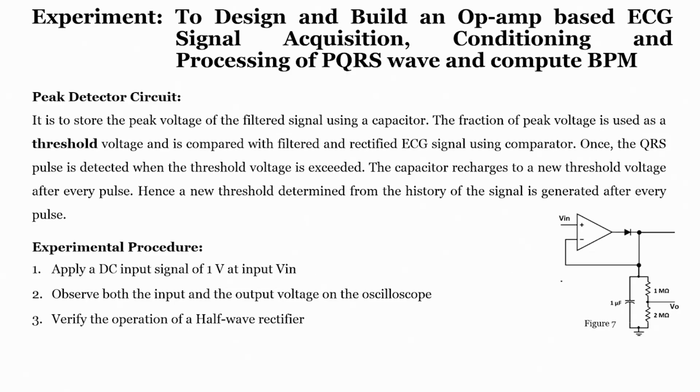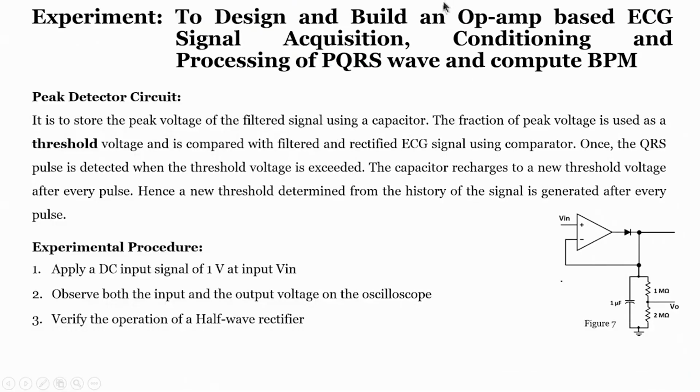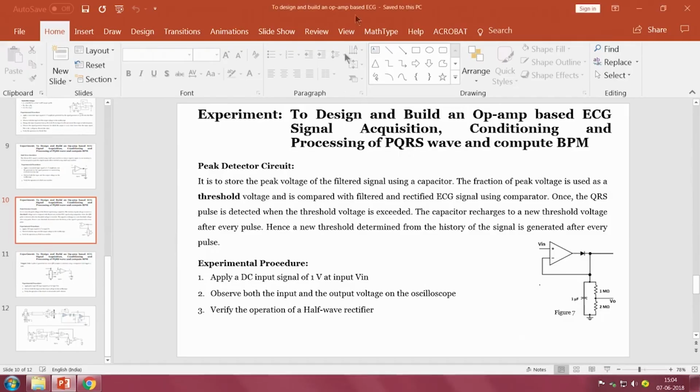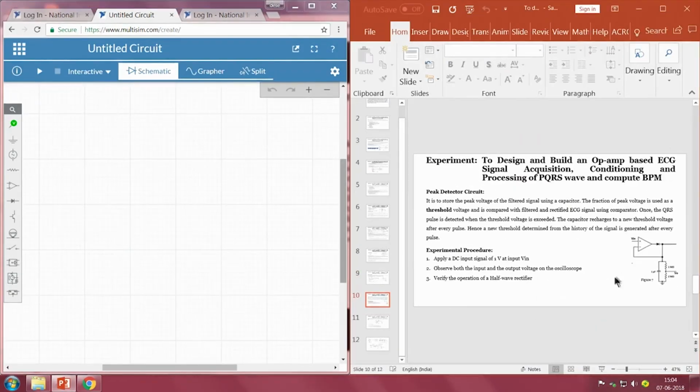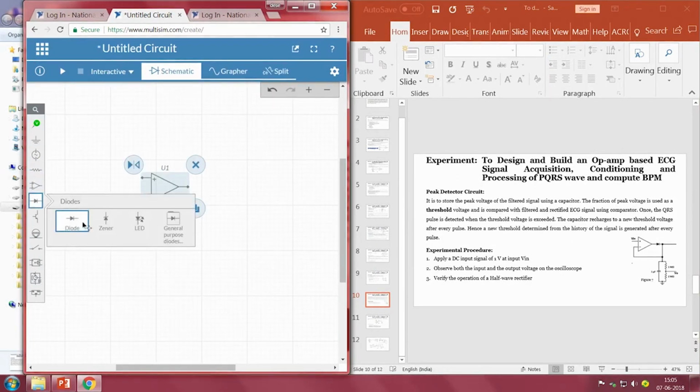So, just open Multisim. If you recall the circuit we have discussed, we need this particular part. I will take an op amp, and I need a diode, so I will take a diode.